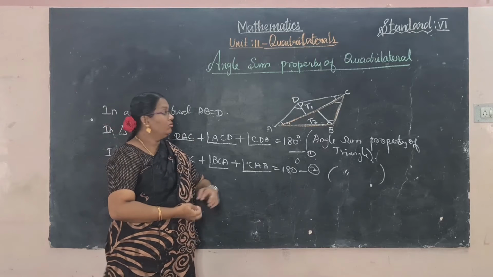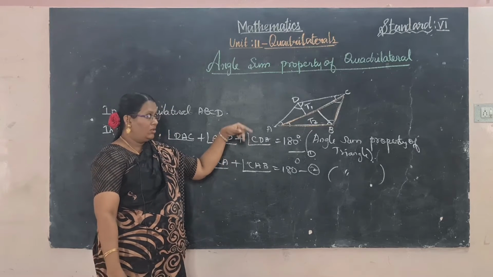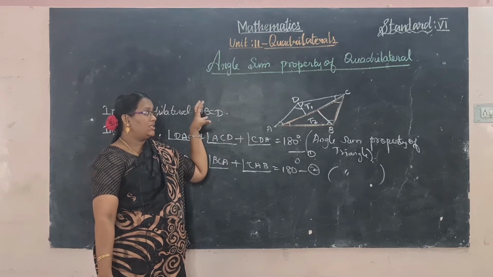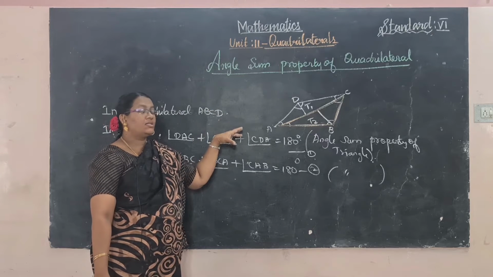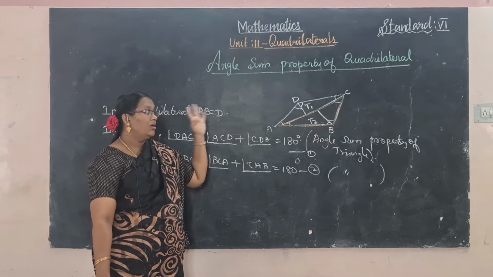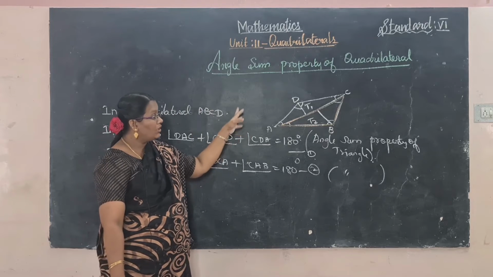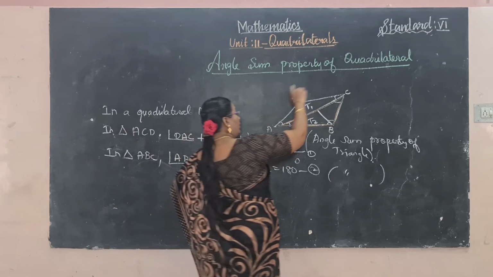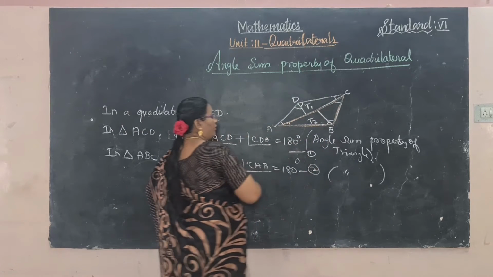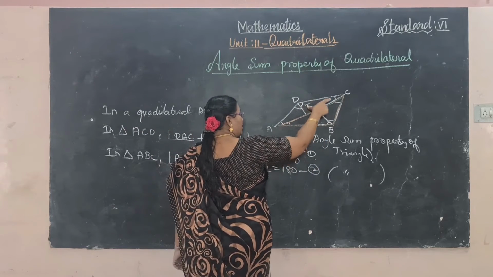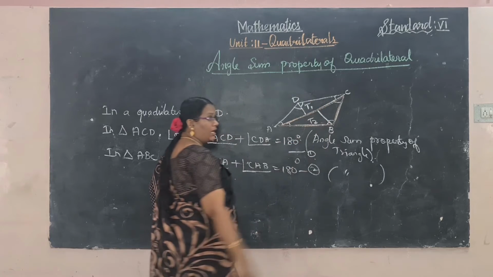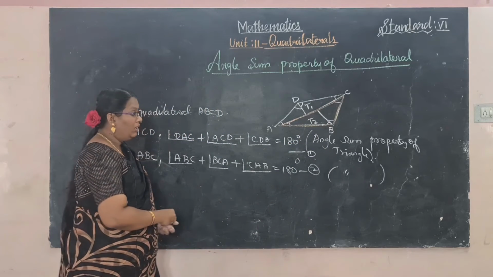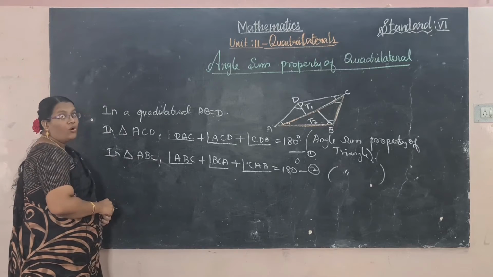We have considered these triangles as T1 and T2. What do we need to find out now? We need the sum of the angles of the whole figure, the 4 angles. So we add the first triangle plus the second triangle to get the total sum of the 4 angles.